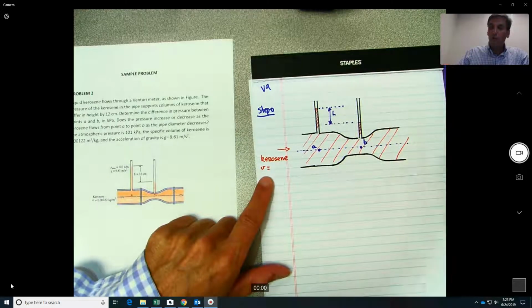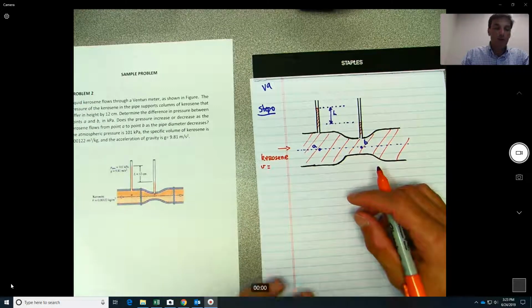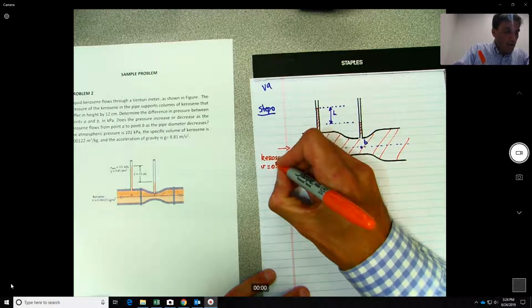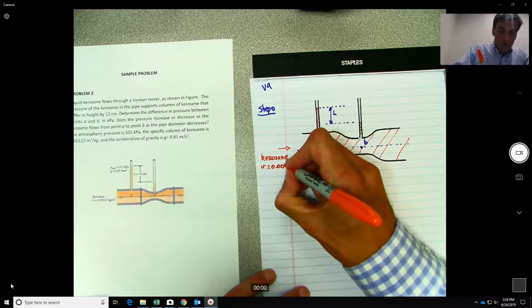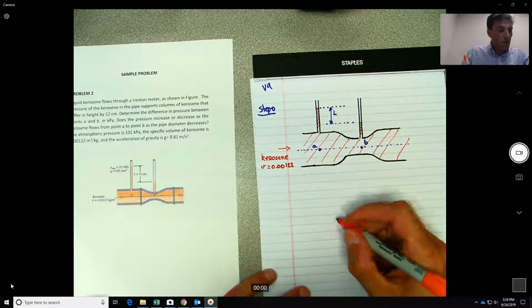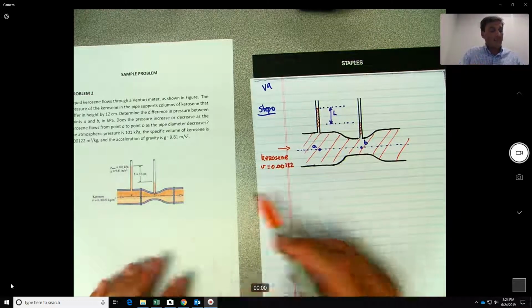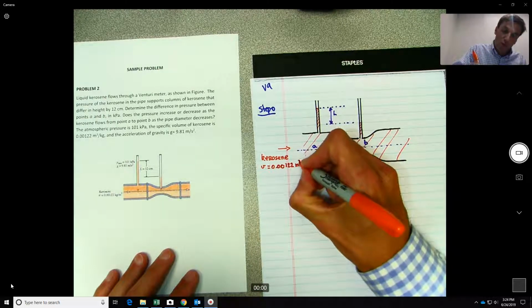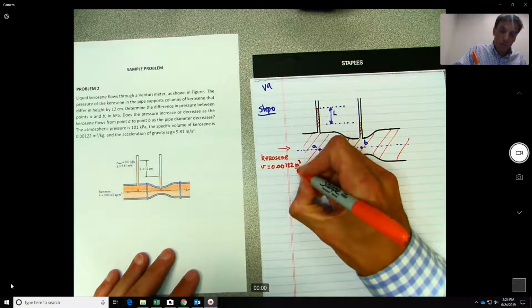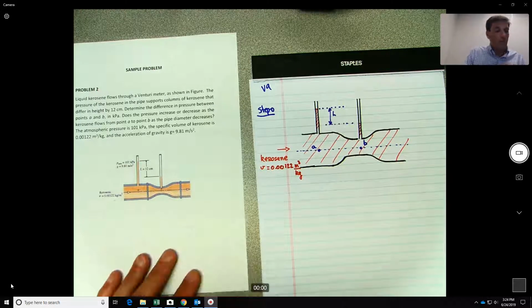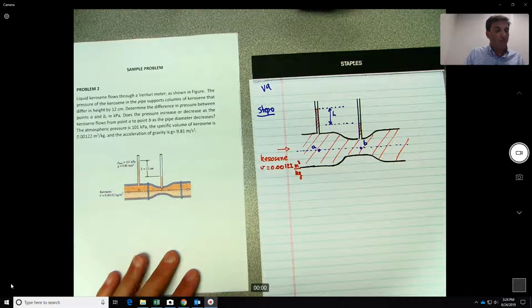If you remember, the term specific means always per unit mass of 0.00122. So actually here it looks like they made a mistake because the unit should be cubic meters per kilogram and not kilograms per cubic meter.